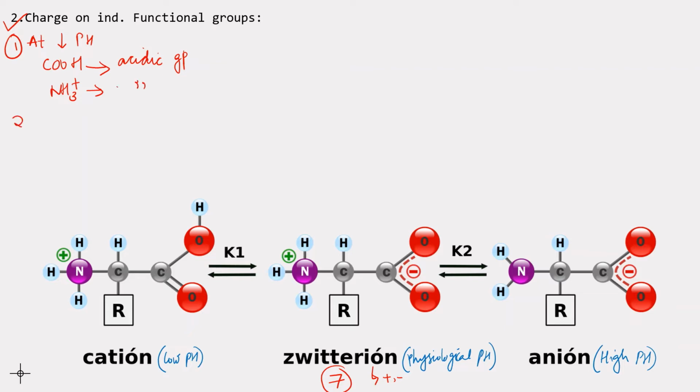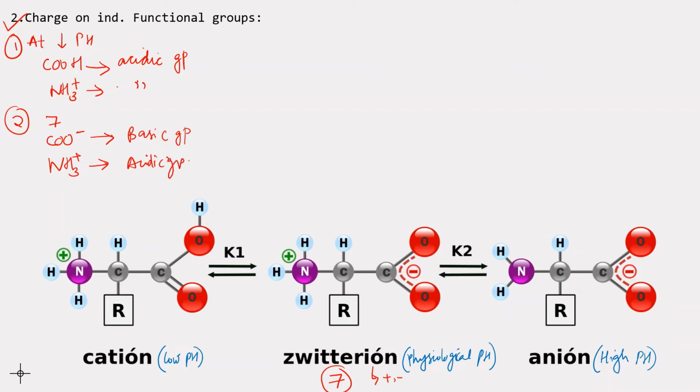In the second condition, the Zwitter ionic condition at pH 7, the carboxylic acid has lost the proton, so it is in COO-. That means this has turned into a basic group which is ready to accept a proton, and the amino group is as it is, so again an acidic group.